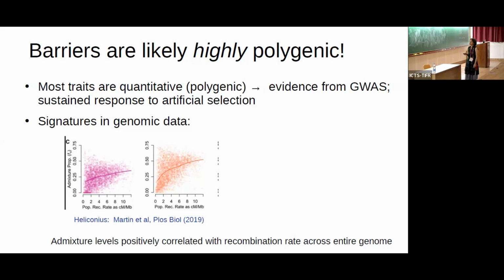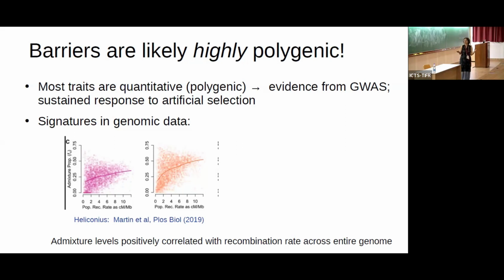What is being plotted here is the proportion. They have these windows along the genome, and in each window they measure the admixture proportion. So you have these two different species, and between a species pair, you can quantify the admixture proportion using various statistics, and then ask what this admixture proportion depends on.